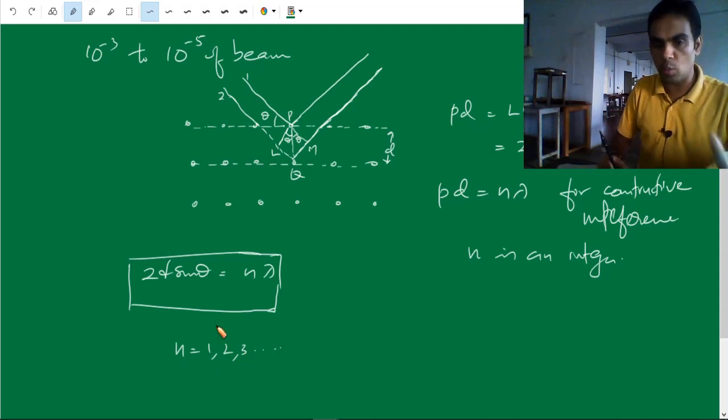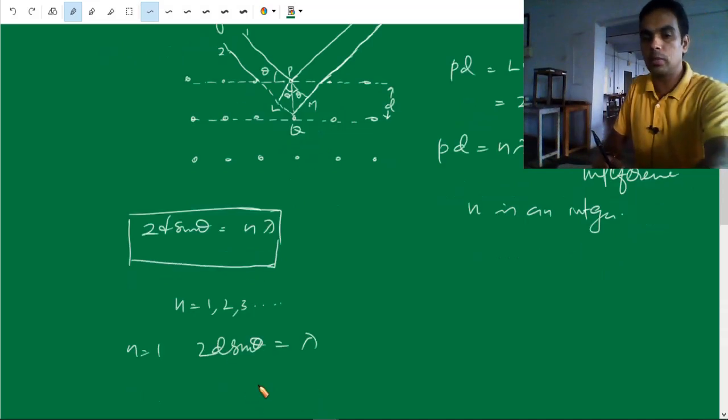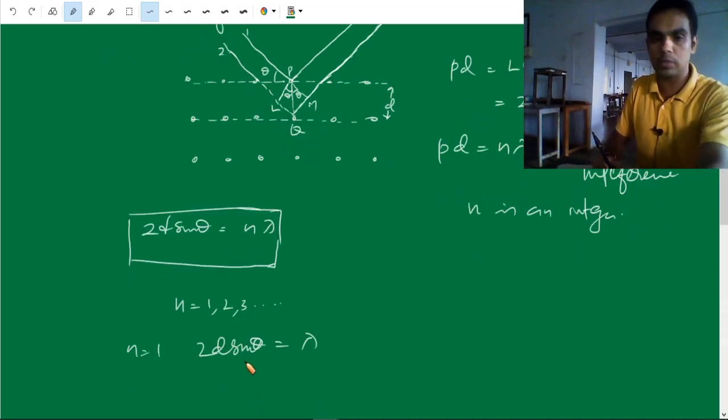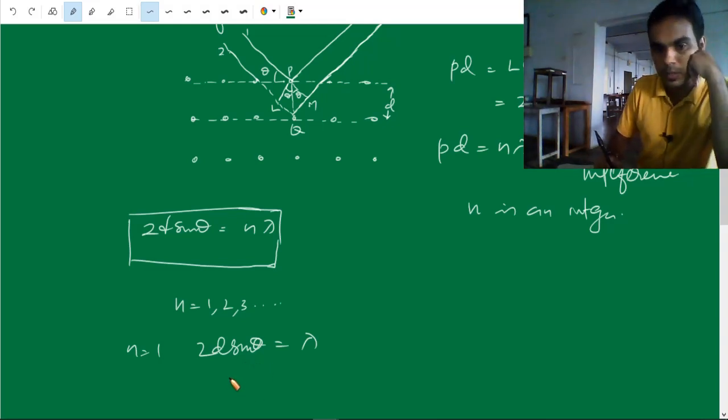If n is equal to 1, then 2d sine theta is equal to lambda. So that means, since the maximum value of sine theta is 1, lambda is always less than or equal to 2d.